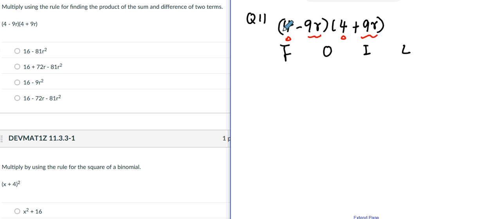So first product, 4 times 4, 4 squared. Last product, 9r positive, 9r negative.